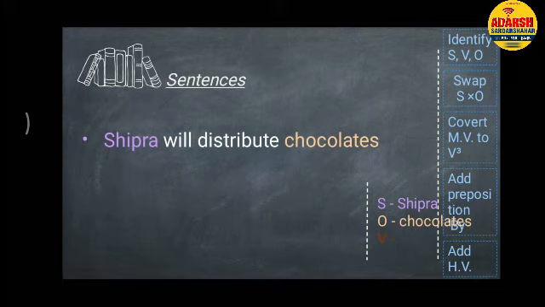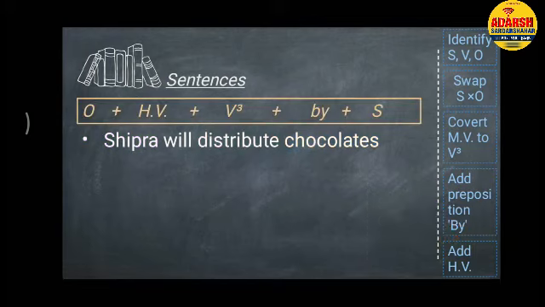So chocolates is the object, while verb is action. So here it is distribute. So here we know that our verb is distribute, which is an action. And who is performing our action? Shipra. So Shipra is the subject, and on what is the action performed? Chocolates. So chocolates is the object.